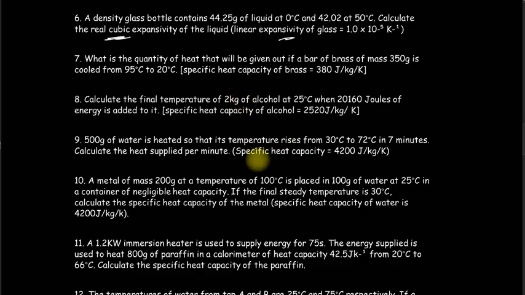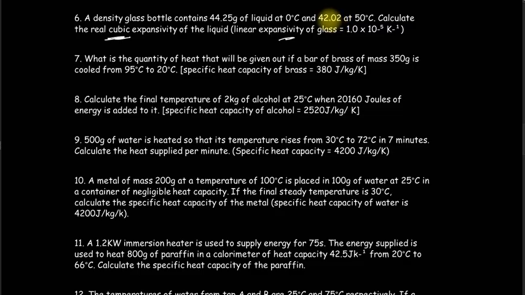The real cubic expansivity is going to be equal to the apparent cubic expansivity. So how do we get the apparent cubic expansivity? We're given the mass of liquid, right? So the concept is that if you have 44.25 gram of liquid at 0 degrees, and then at 50 degrees you just have 42.02 grams left, what does this mean?